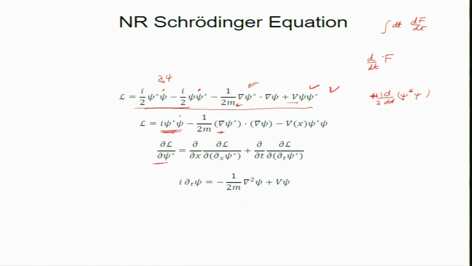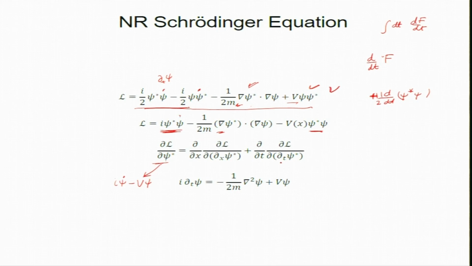So, take the derivative, psi star appears only in two places, here as well as here. So, the first term will give us i psi dot here, and the other term will give us minus v psi. Okay, this is this term.